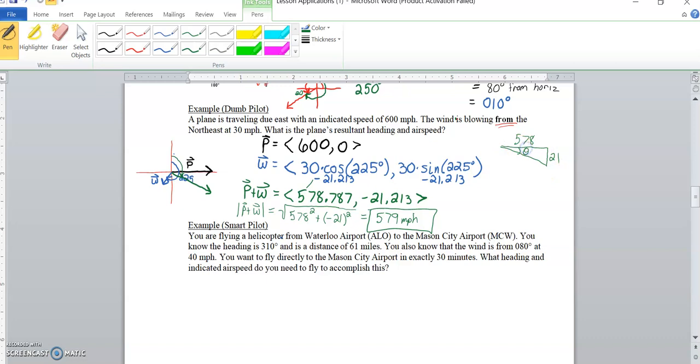Here's our angle theta. So tangent of theta is opposite over adjacent. If we do tangent inverse or arctan in our calculator, so second tangent, and then you put in that fraction, you find that that is 2 degrees.